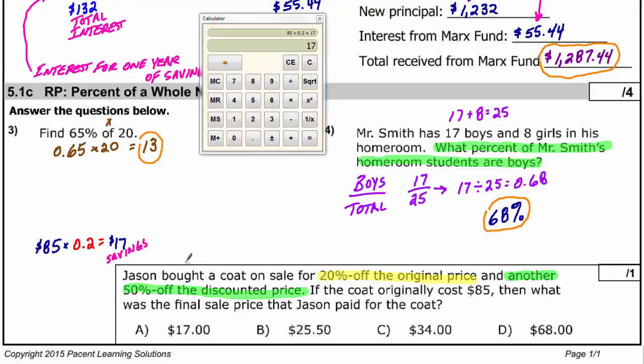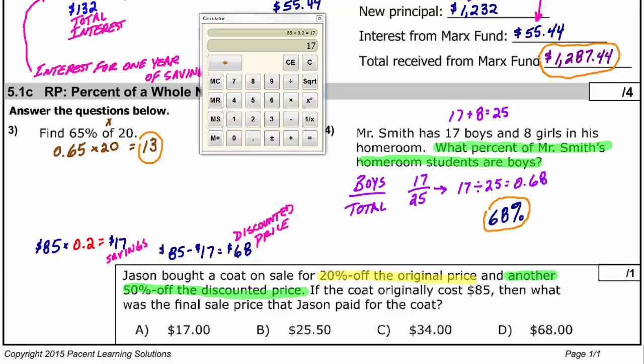So we have to take the $85 coat. We have to subtract the $17 savings. That gives us $68. That $68 is the discounted price.